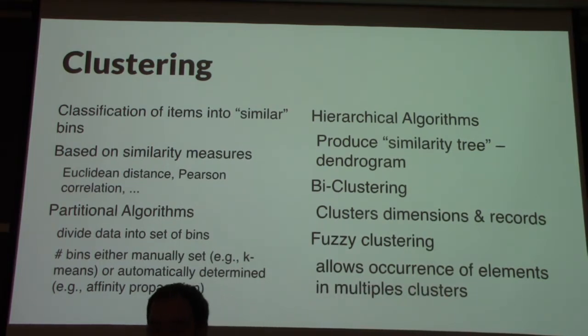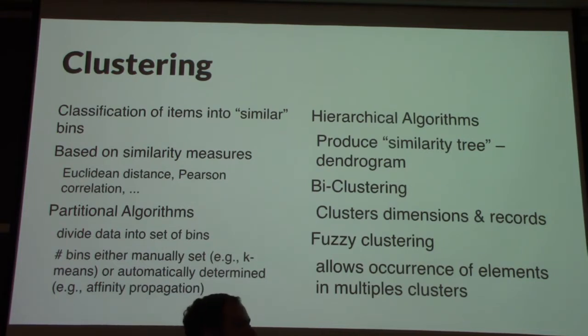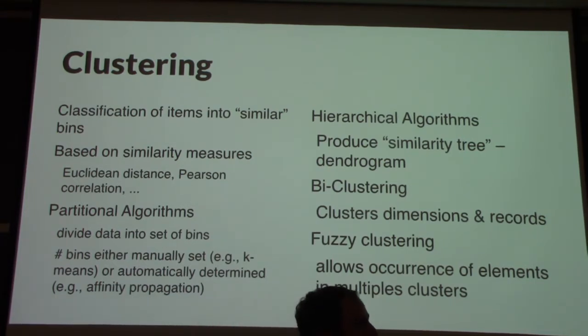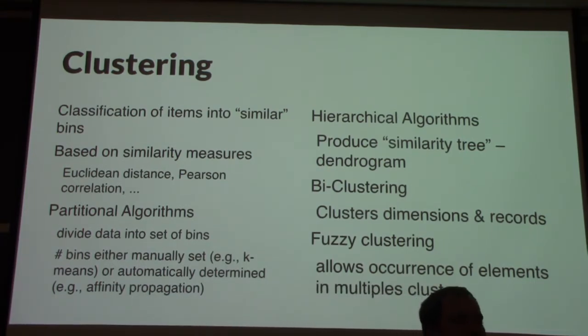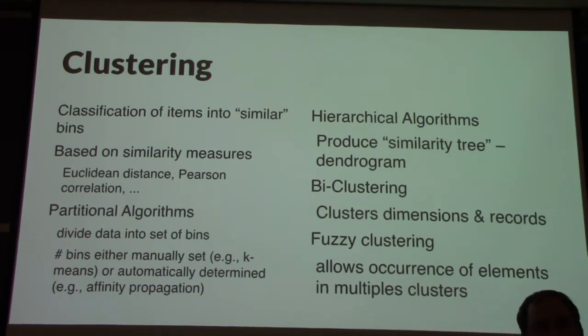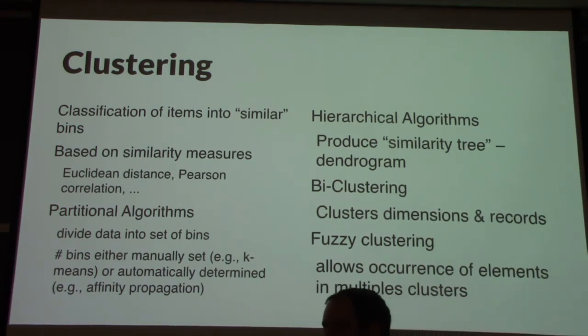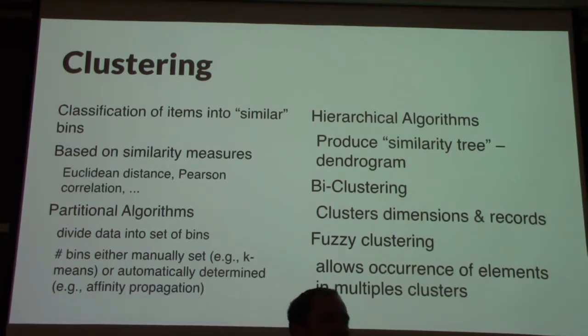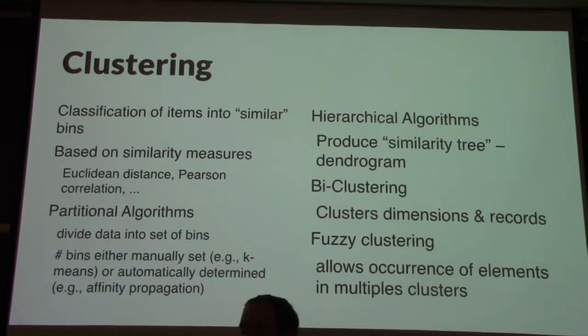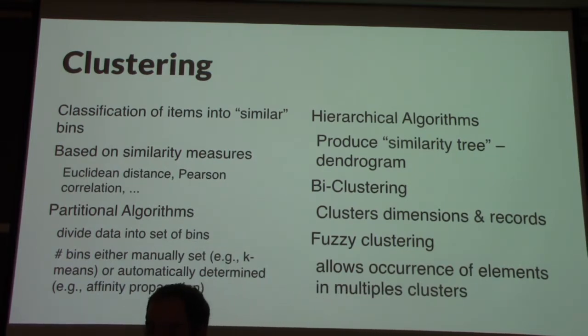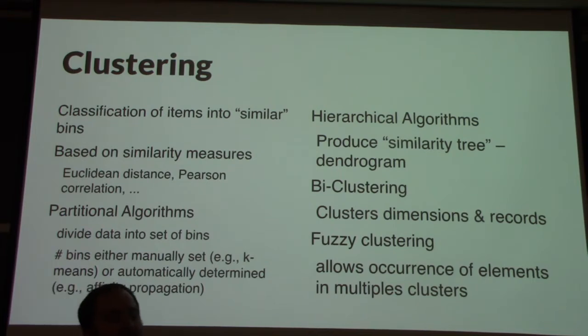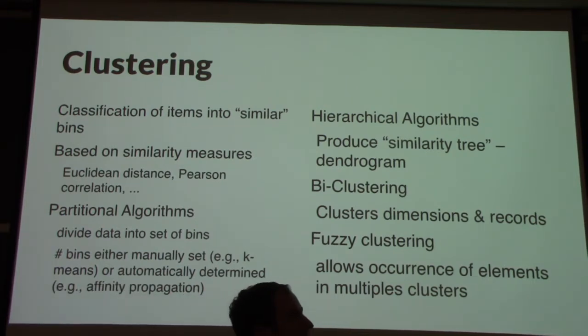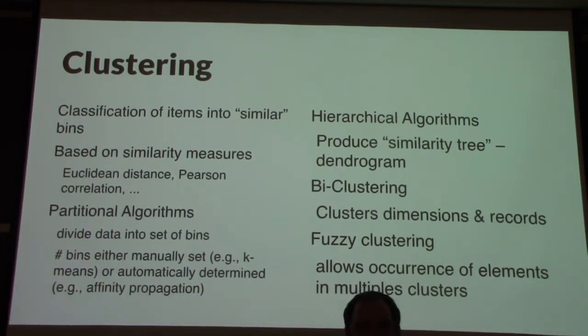Hierarchical algorithms produce a similarity tree, a dendrogram, so we'll be talking more about what that means later, but essentially it gives us similarity structures between individual items and clusters, and then we can use this hierarchy, this tree, to cut at an arbitrary point and therefore create a distinct clustering. These hierarchical algorithms are great if you don't know how many clusters you expect in your data set and you want to explore different cuts.